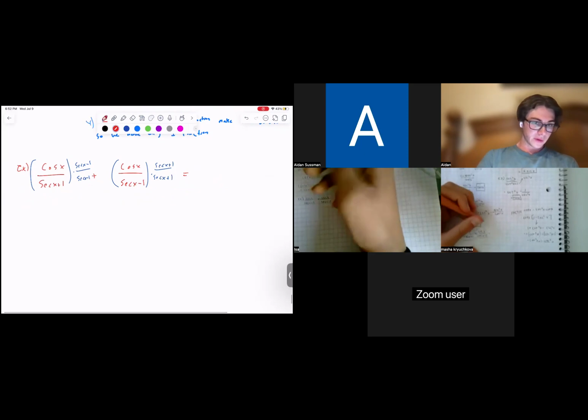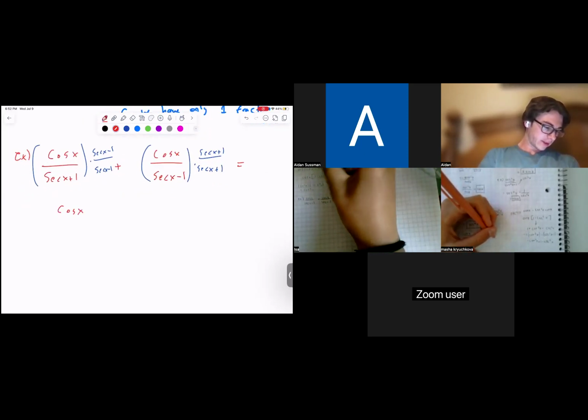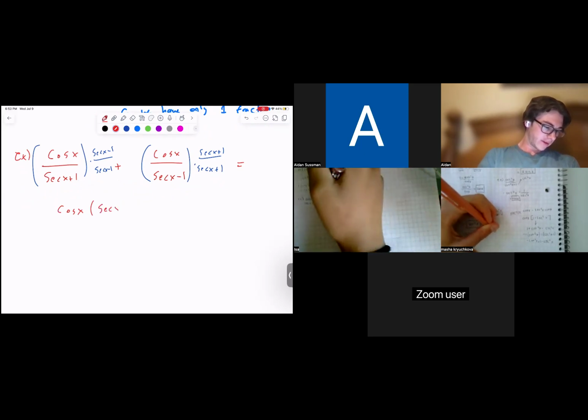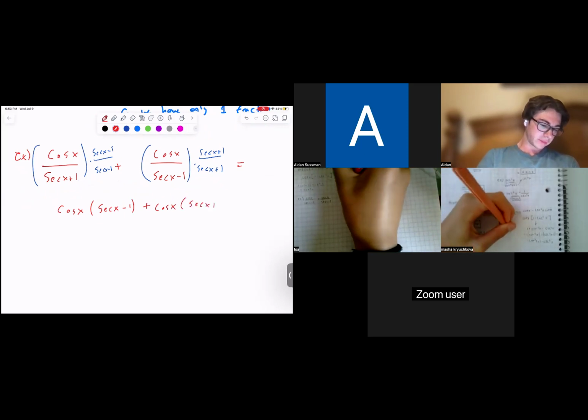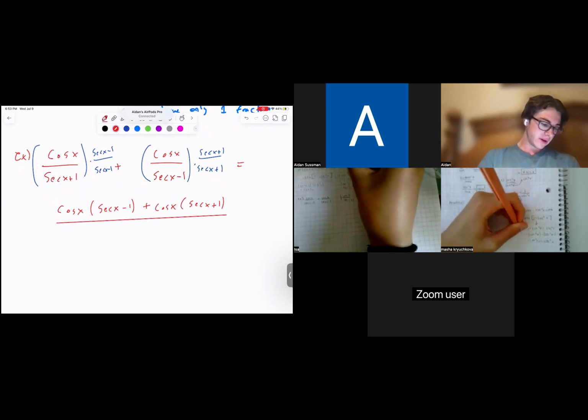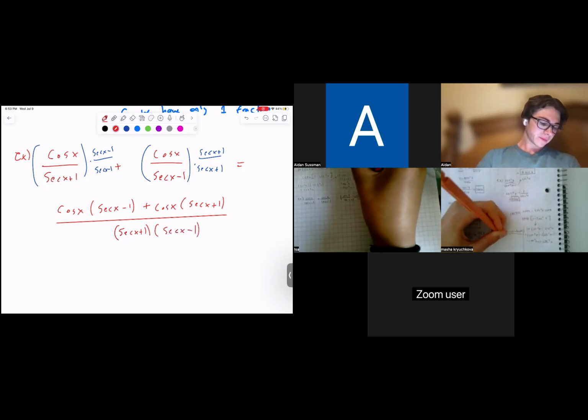And now, let's rewrite what that becomes. That's cosine of x times secant of x minus 1 plus cosine of x times secant of x plus 1. And it's all over one fraction now: secant of x plus 1 times secant of x minus 1.